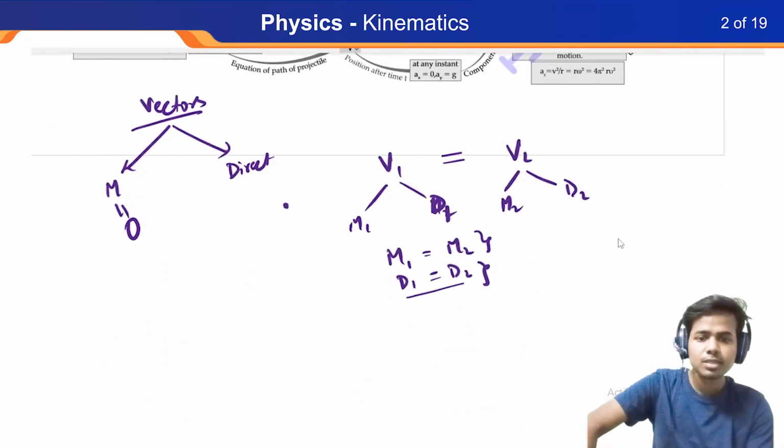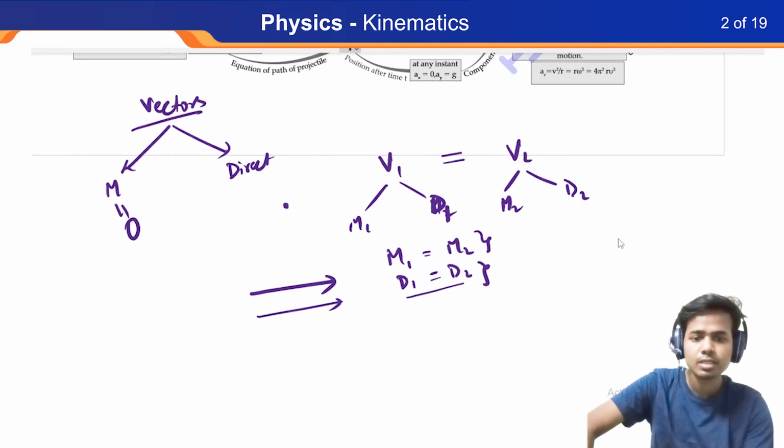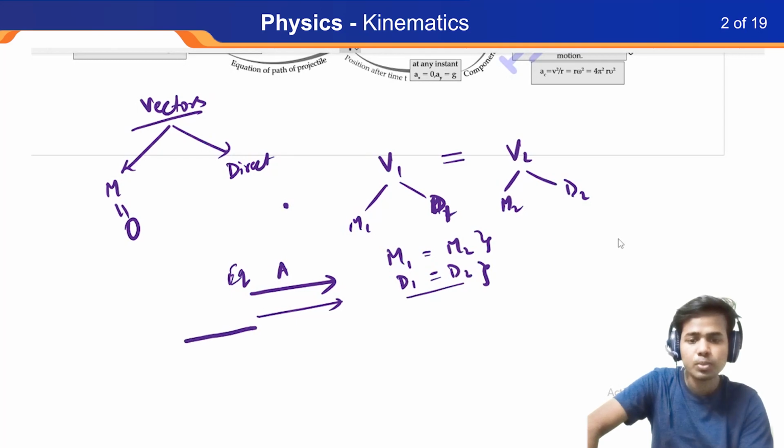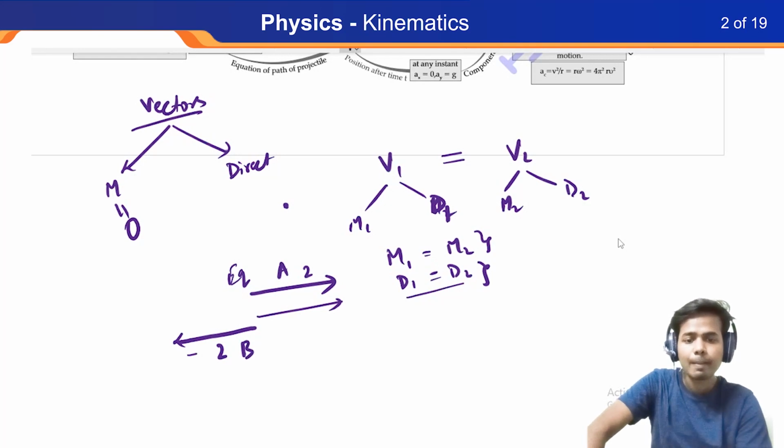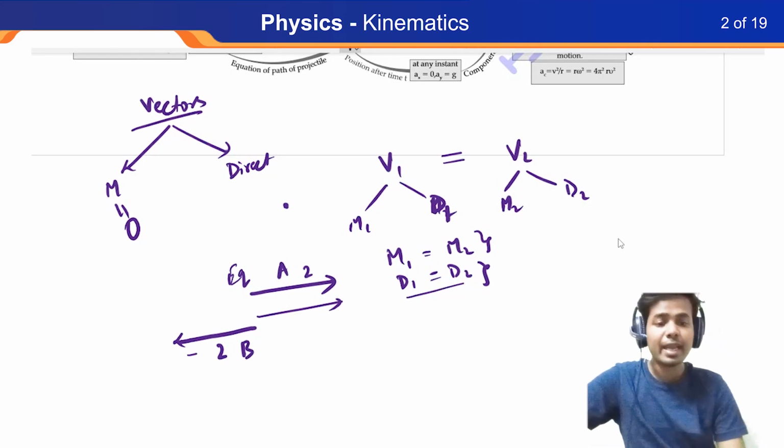What about the negative of a vector? Let's say there is this vector and this vector. If it is the same length, then they are equal vectors, right? What if this is a vector and there is one in the exact opposite direction with the same length? If this is 2, this is also 2, then a and b are called negatives of each other.